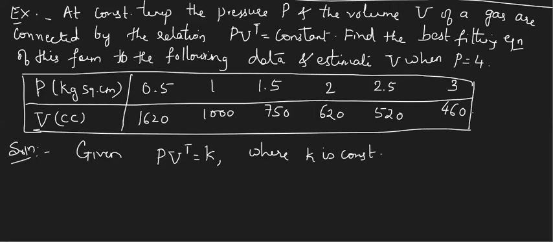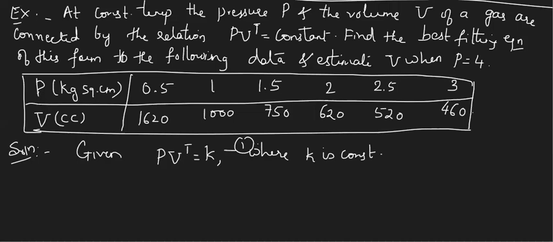I'll call this equation 1. For power curve, what do we do? Apply log. And one more very important thing. Tell me, we need to get the values of what by applying the least square method? T and K, very good. This value should be obtained.